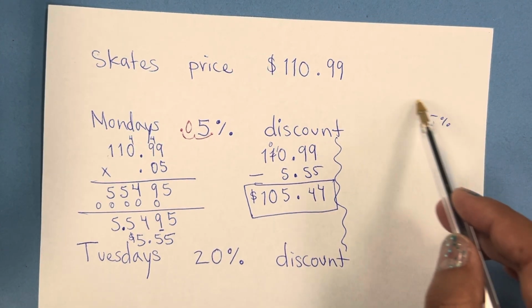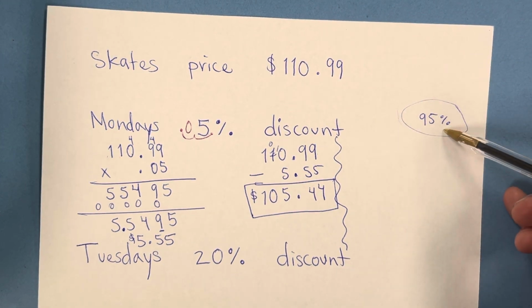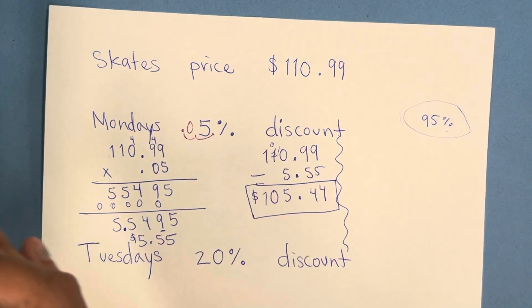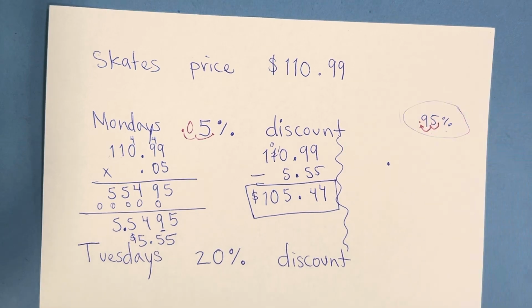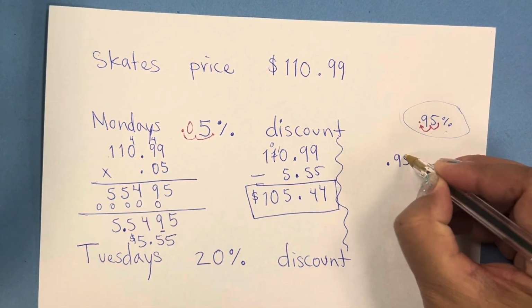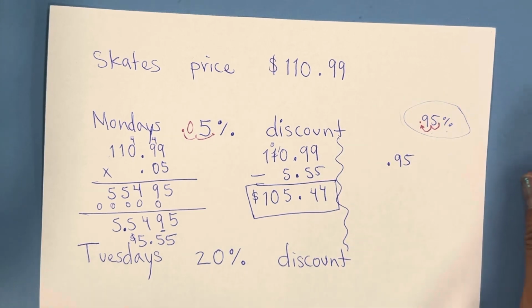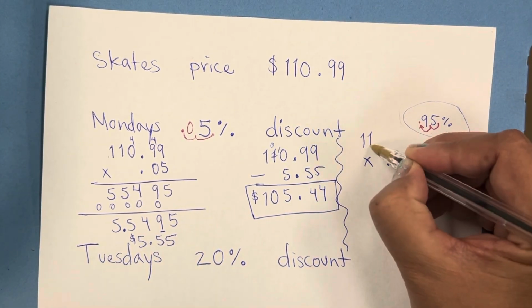So that's another way of finding the price with the discount, just finding what you are paying after that discount. In decimal form, you bring the decimal to the left. It's right here now. So it's 0.95, and some people put the 0, times the original price.